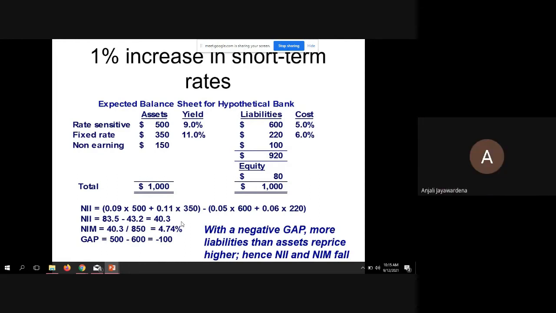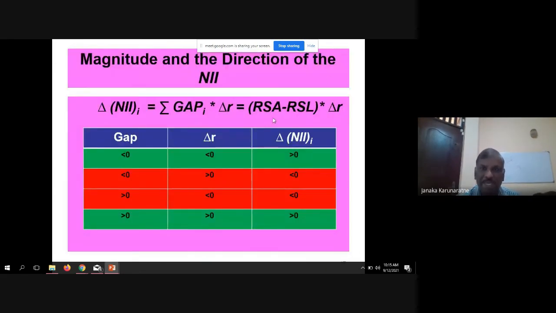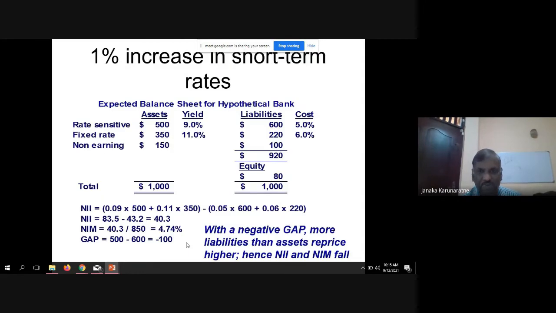If you go to the formula, your gap is minus 100 times the change of positive 1%, that means 0.01. So minus 100 into 1% is negative 1. So your impact is negative 1 million. That means from your original position there is a decline of 1 million, so the new position is 40. It's very straightforward. Any questions?